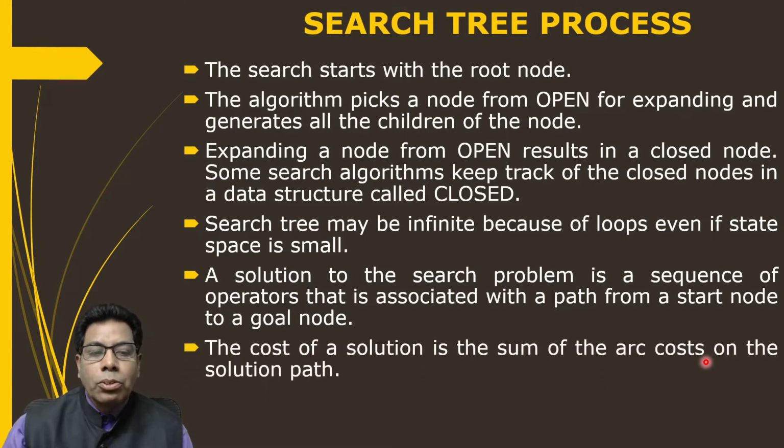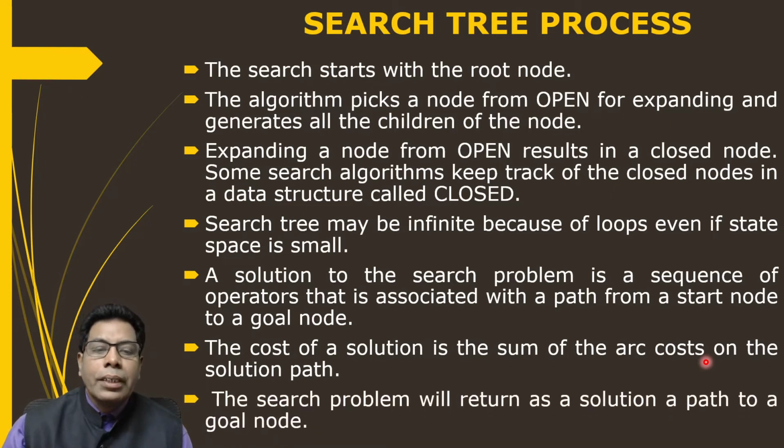And the cost of the solution is the sum of the arc costs on the solution path. So whatever path we have, and the cost of each arc, that will be summed, and we get the cost of the solution. The search problem will return a solution, a path to a goal node. That is the general process.